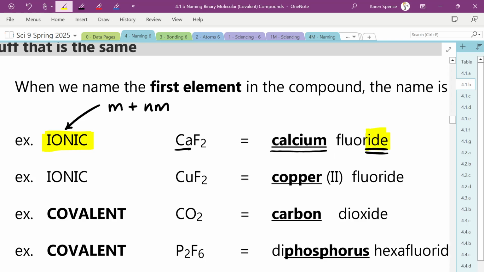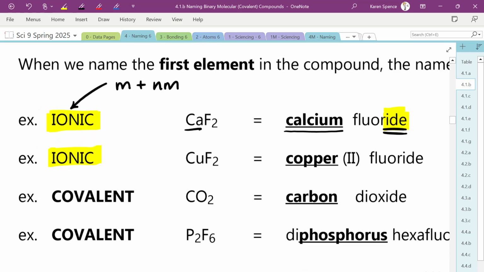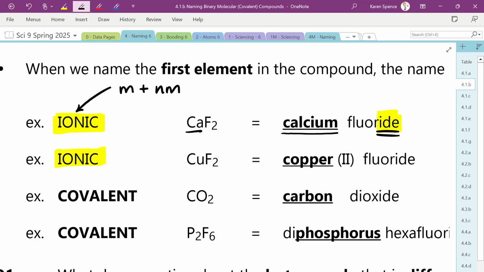Okay, here is another ionic compound. How do I know that it is ionic? What type of element is calcium? Metal or non-metal? Calcium is a metal. What kind of element is copper? Copper is a metal.